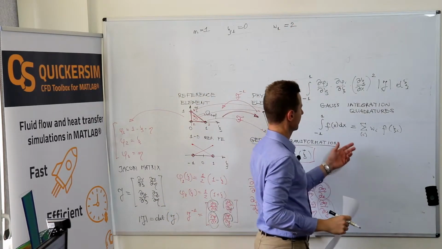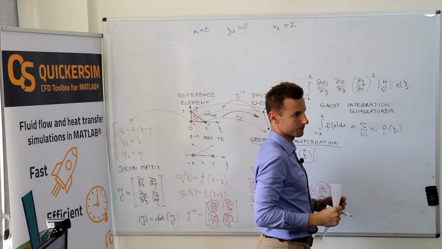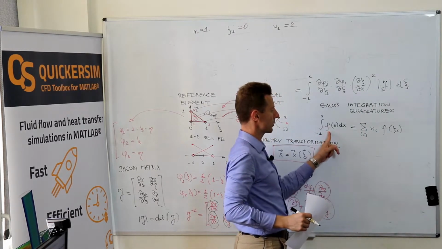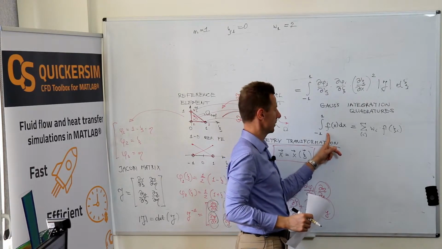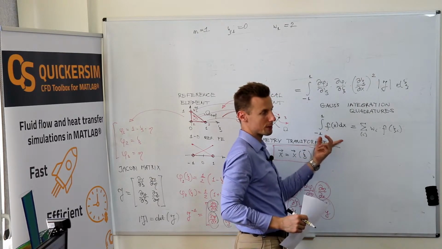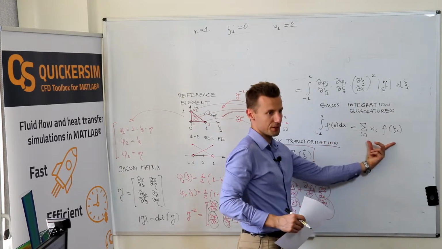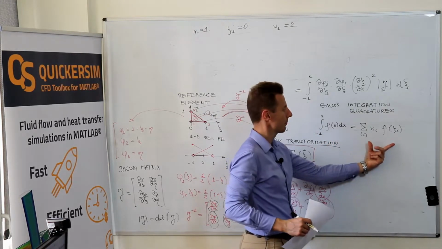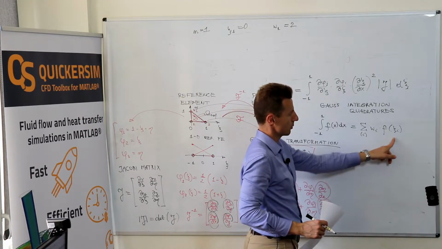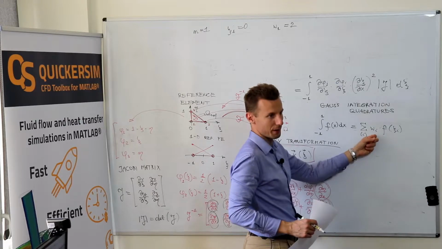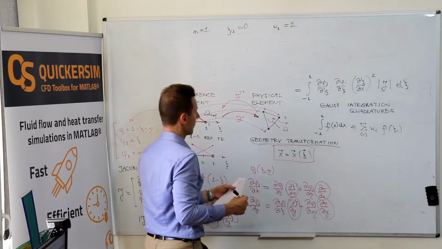Because it simply resembles the rectangle. Exactly. Imagine you would be integrating unity from -1 to 1. The result is 2. This one needs to give you the same. This would be 1 at x equals 0, but then the weight needs to be 2.